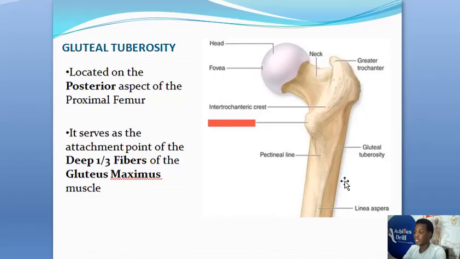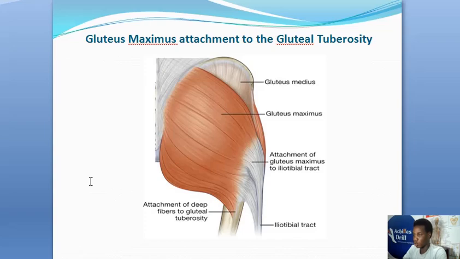Then let's move on and talk about the gluteal tuberosity. The gluteal tuberosity is also located on the posterior aspect of the femur. That's this roughened edge right here. It is an important attachment point for the gluteus maximus muscle. Okay, take a look at the gluteus maximus muscle, this muscle right here.